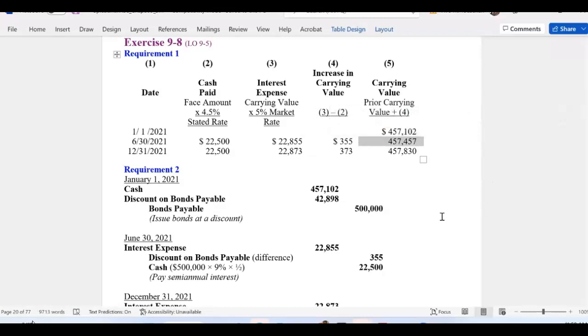Carrying value is 457, times 5% becomes 22,873. Interest expense will go up to 22,873 minus 22,500 becomes 373, and that's increasing in the carrying value.